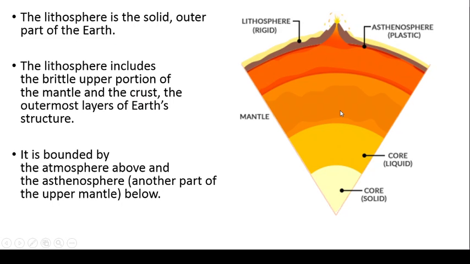So talking further, the lithosphere is the solid outer part of the earth, and the portion below the lithosphere is the mantle and the inner core.